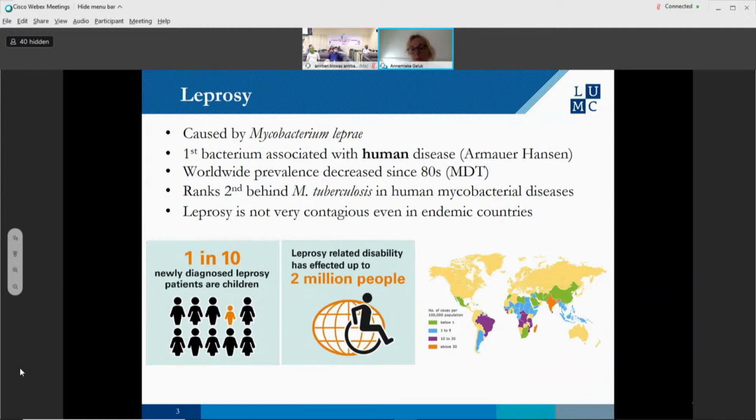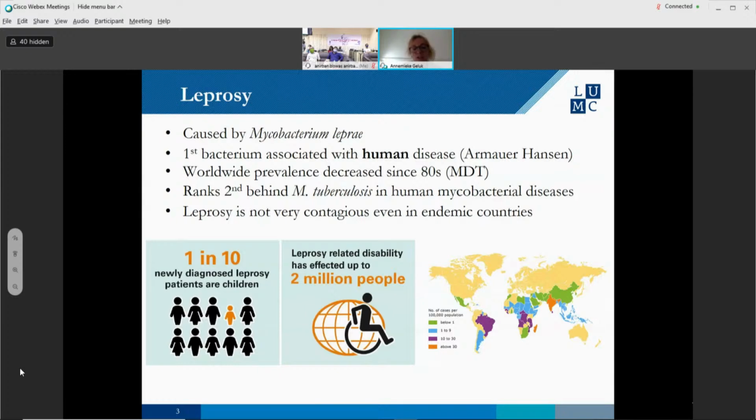So first, some background information. You may be aware that leprosy is caused by Mycobacterium leprae, and that it is the first bacterium that was identified to be associated with human disease, even before Mycobacterium tuberculosis was shown to be causing tuberculosis.